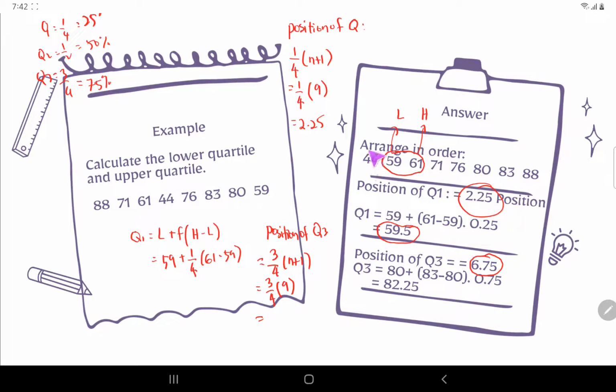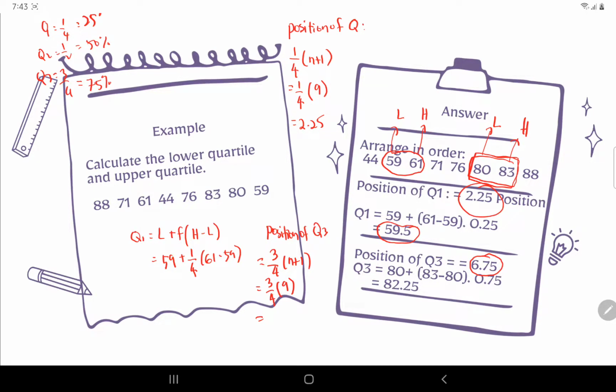So this is the first position, second, third, fourth, fifth, 6, 7. So 6.75 is between these two numbers, the 6th and 7th positions. So this is our L and this is our H for calculating the value of Q3.